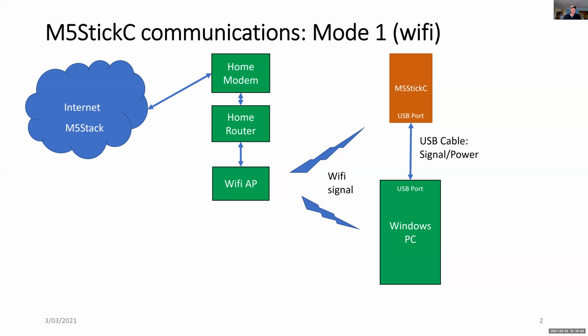You could download or upload programs from your Windows PC to the M5StickC via USB cable, and that's mode 2, or alternatively, using mode 1, you would use Wi-Fi from your Windows PC, and it would be routed via your home AP to the M5StickC.